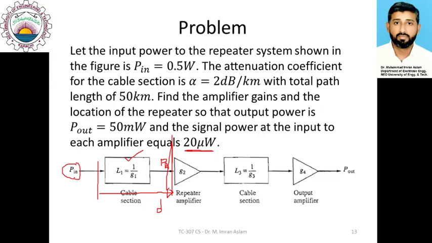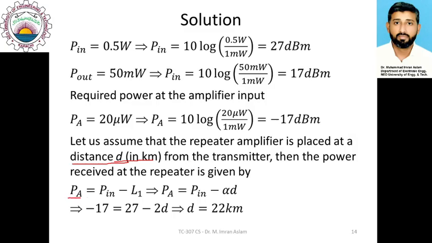So if this power was input to the system, after getting this loss L1, we get the power of PA at the receiver. So this PA power would be the input power minus loss. Of course, loss will be subtracted because it refers to the decrease in the power.